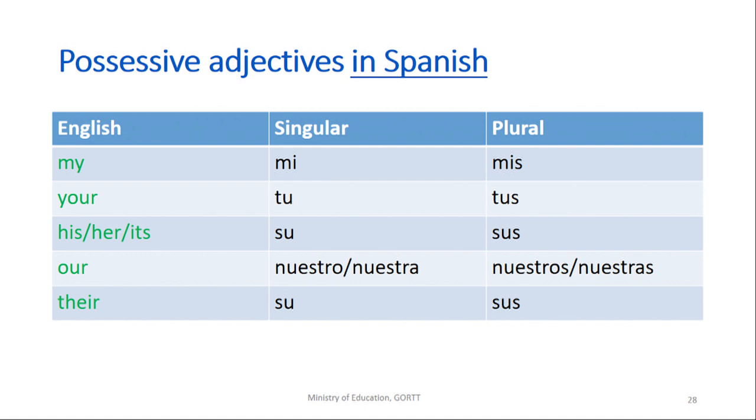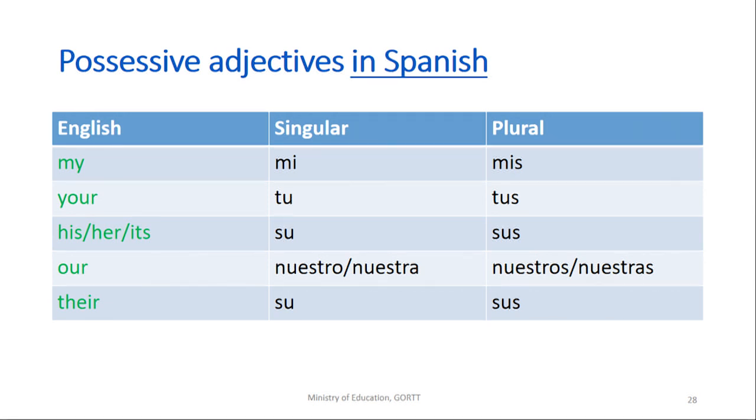To say your for singular nouns, we use tu. To say your for plural nouns, we say tus. To say his, her, or its, we use su. Or for plural nouns, sus.